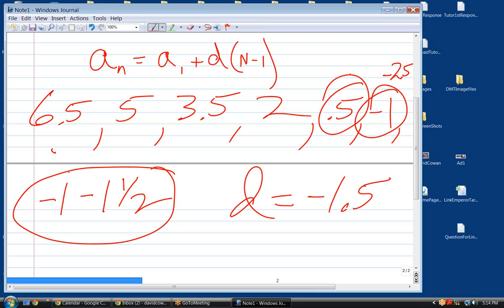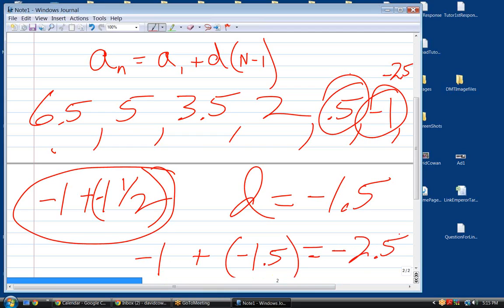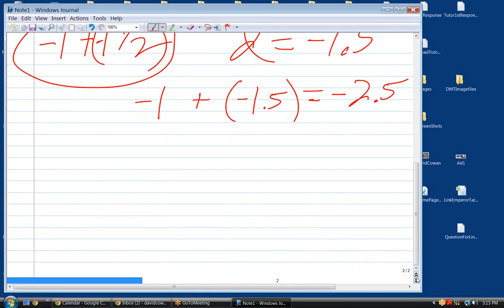You change the subtraction sign to a plus, and then you change the sign of the number that was being subtracted. So now it becomes negative 1 plus a negative 1.5. Well, we know how to add two negative numbers. You just add the numbers and you attach the same sign. So that's minus 2.5.